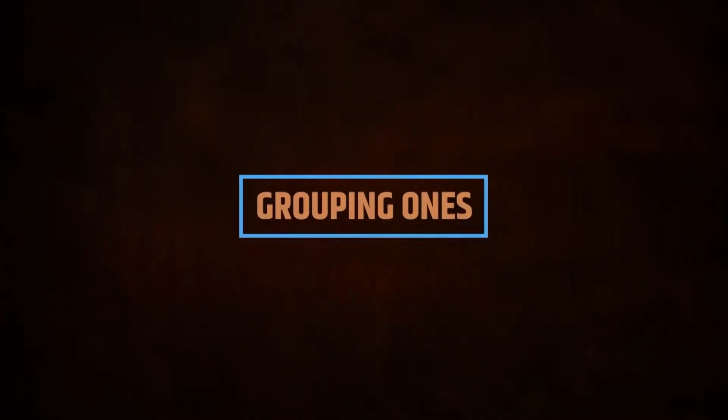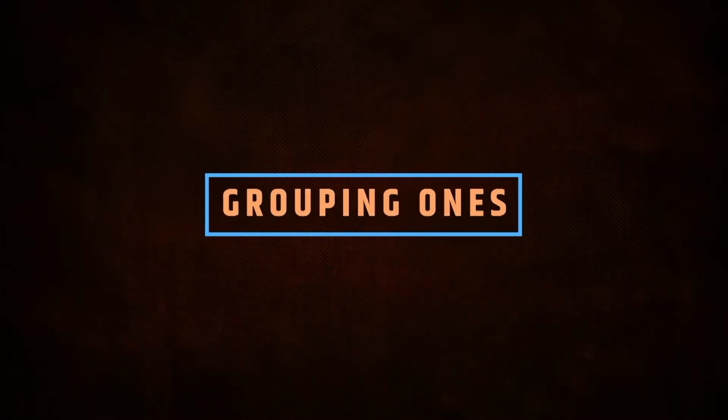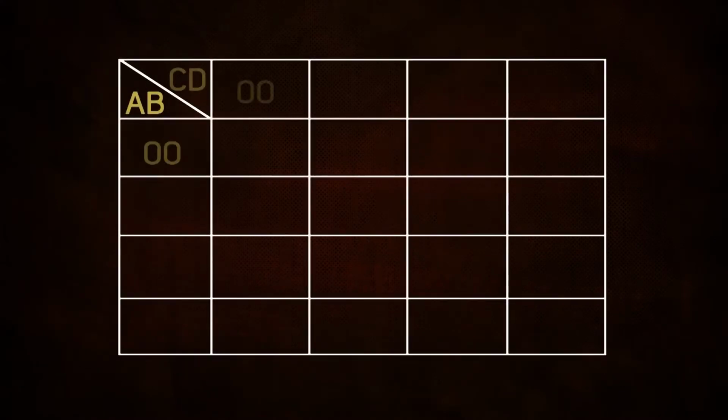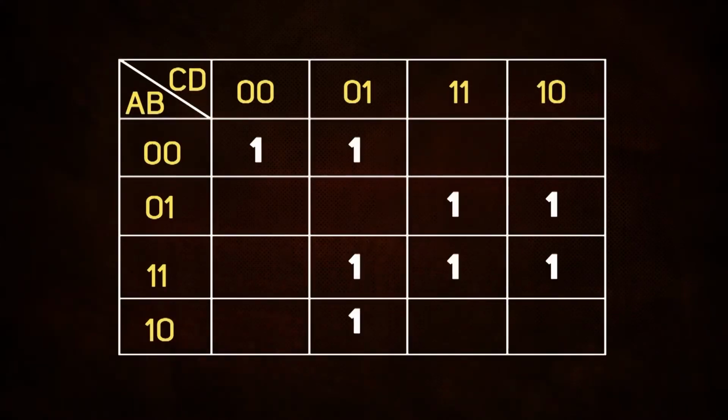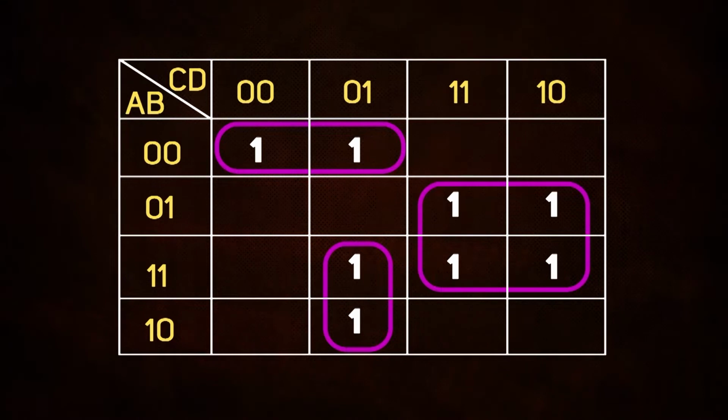How? First, we have to group ones. When we group ones, we aim at maximizing the size of the groups and minimizing the number of groups. The groups are formed using only ones and we consider only rectangular groups. Diagonal formation is not allowed.